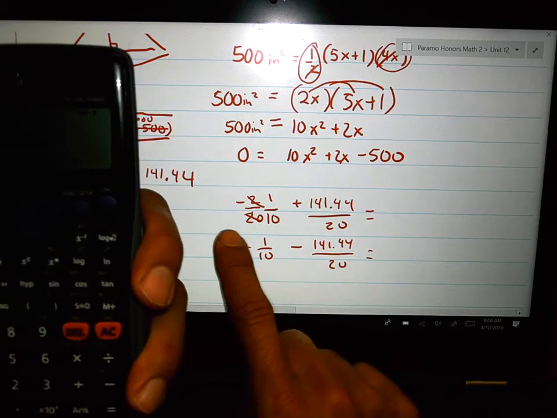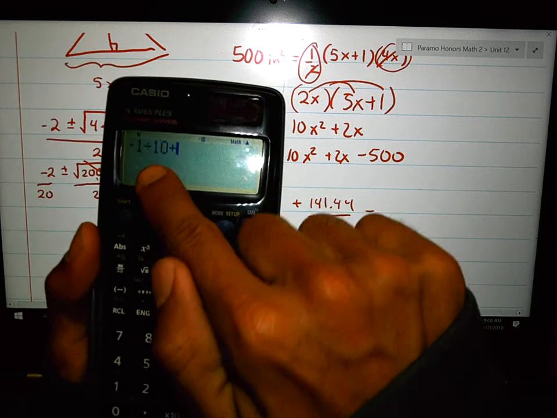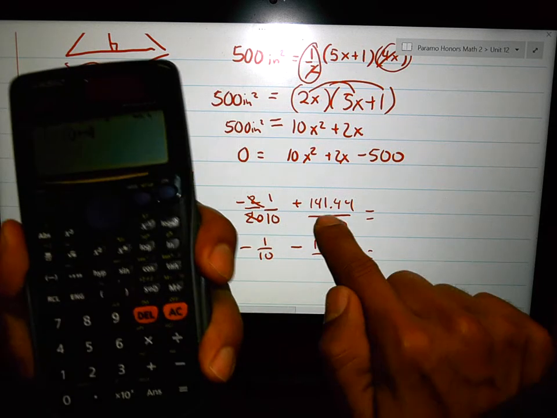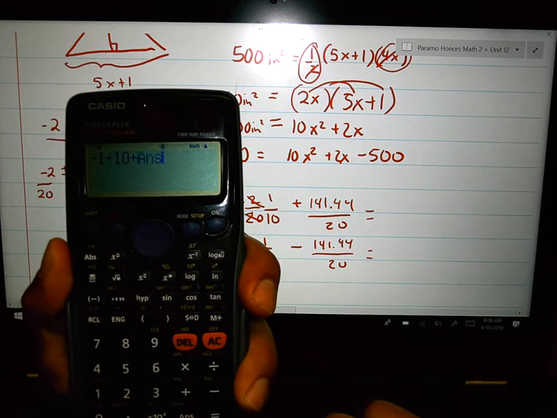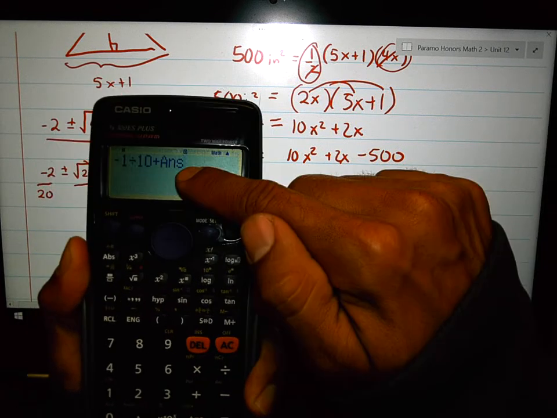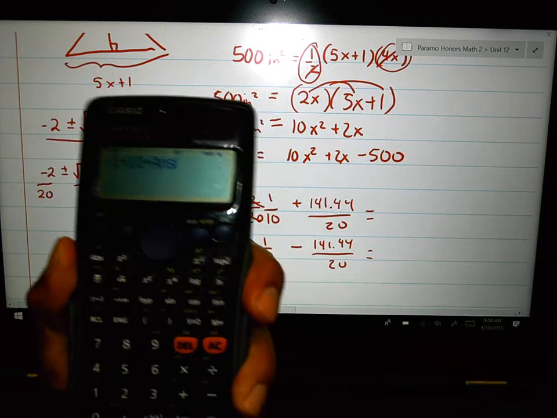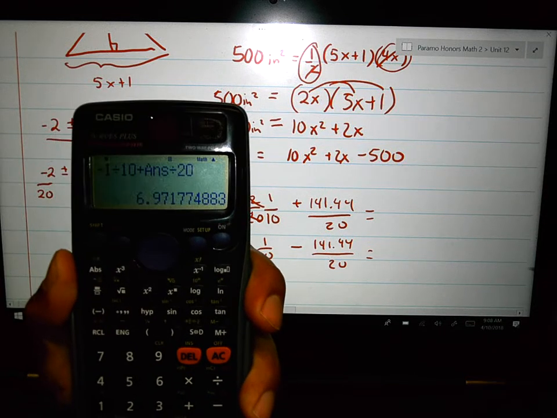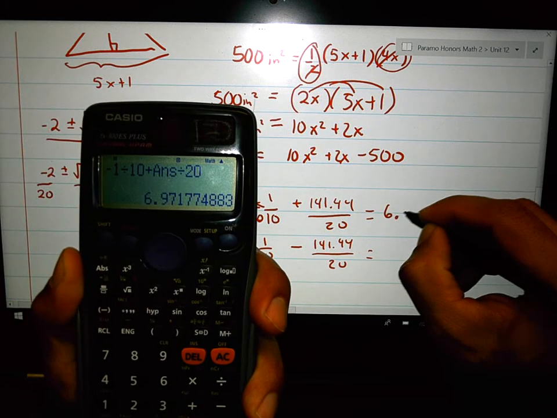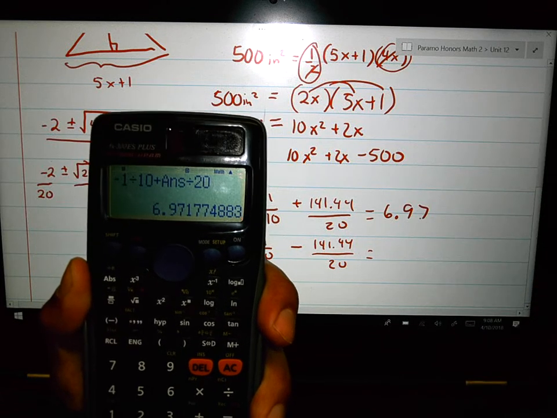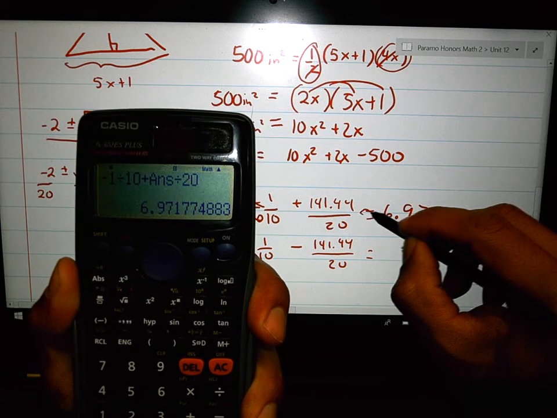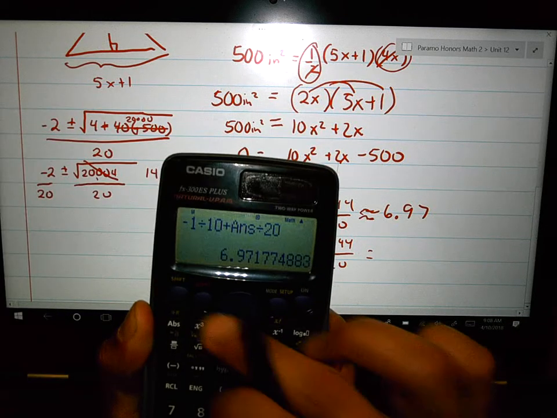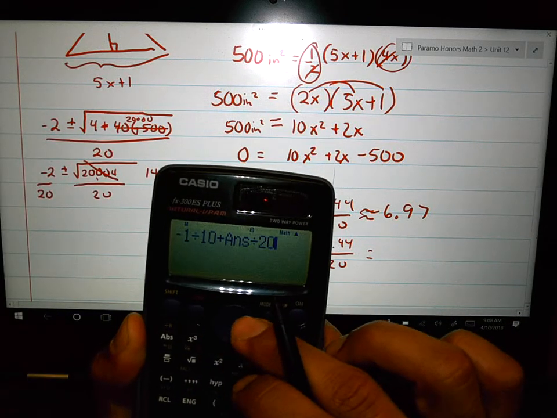Okay, so negative 1/10, negative 1 divided by 10, same thing, plus, and I already have this 141.44, I don't need to retype it. That's why I'm pressing the answer button. Divided by 20. So my first possibility, rounding to the nearest hundredth place, is about 6.97. I'm going to do the same with the other answer.